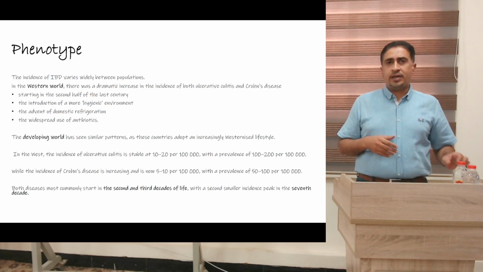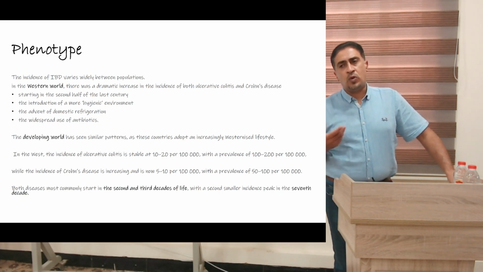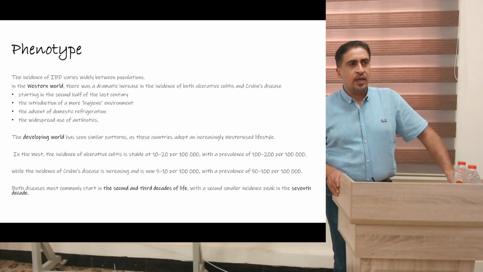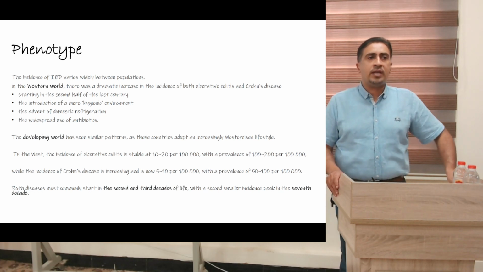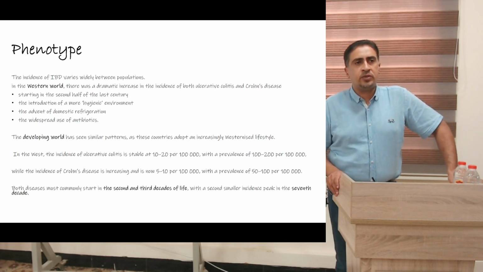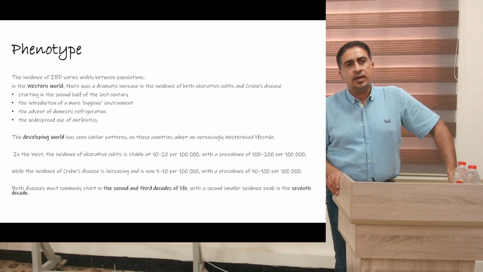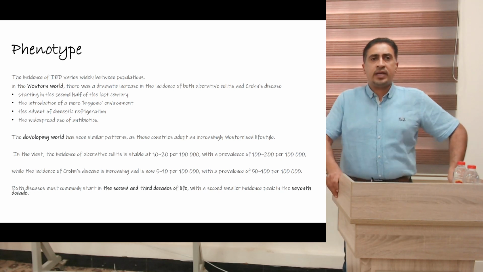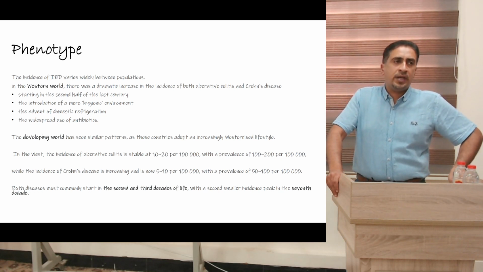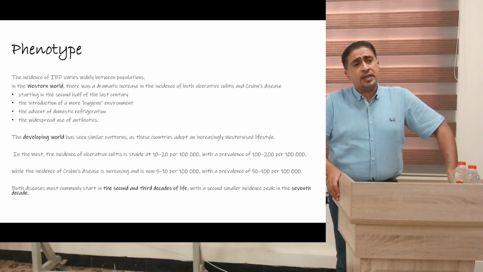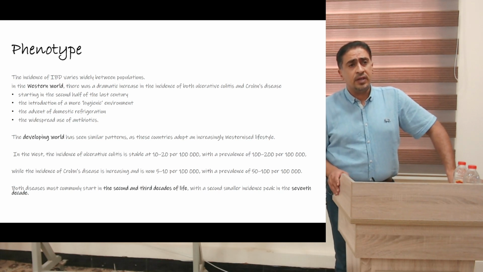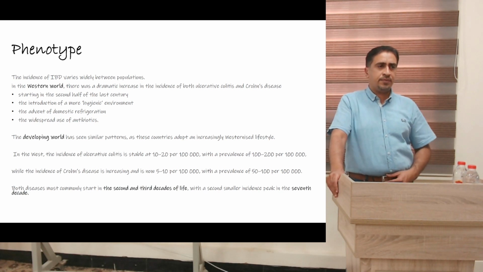Because developing countries adopt more westernized food, there is also an increase in the incidence of inflammatory bowel disease. In the West, the incidence of ulcerative colitis remains stable, about 10 to 20 cases per 100,000 persons, with a prevalence of 100 to 200 per 100,000, while the incidence of Crohn's disease is increasing in recent years, now about 5 to 10, with a prevalence of about 50 to 100.